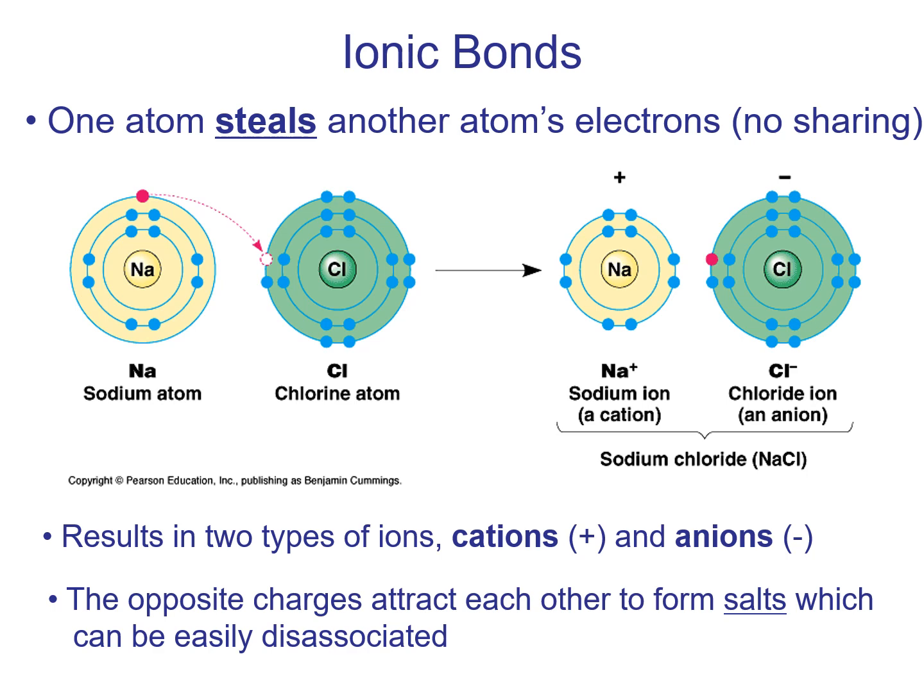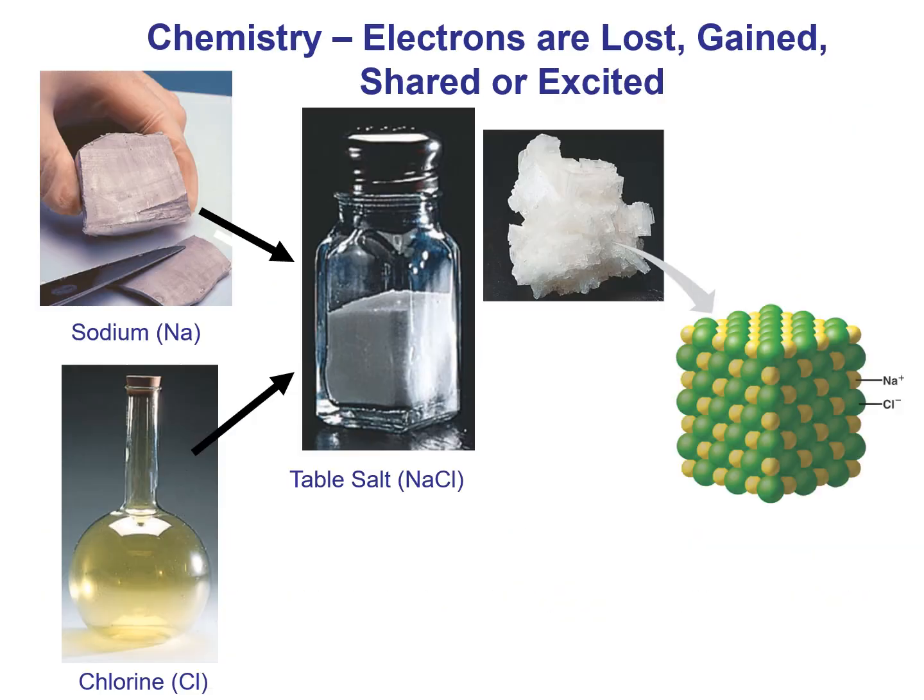Now, these bonds are not nearly as strong. The ions can be disassociated quite easily. So if you take, of course, table salt and throw it into some water, it will just dissolve or dissociate into free sodium and chloride ions. And it is really pretty amazing what happens.